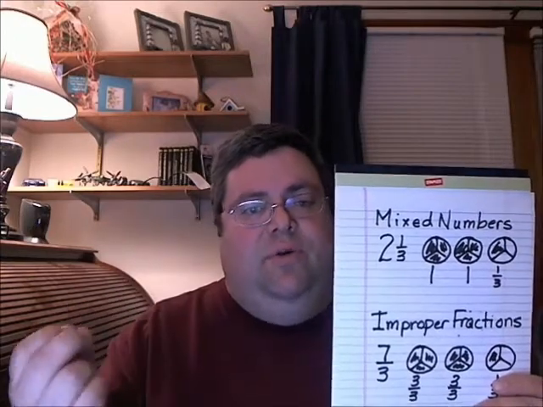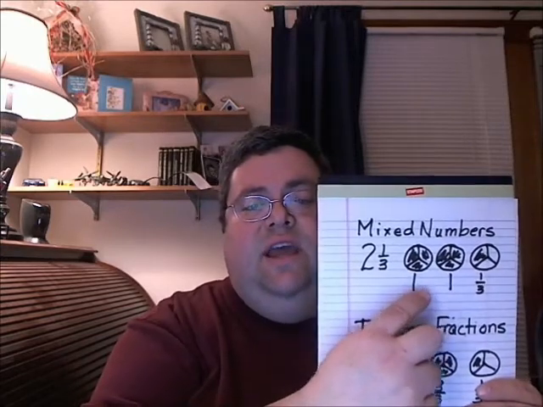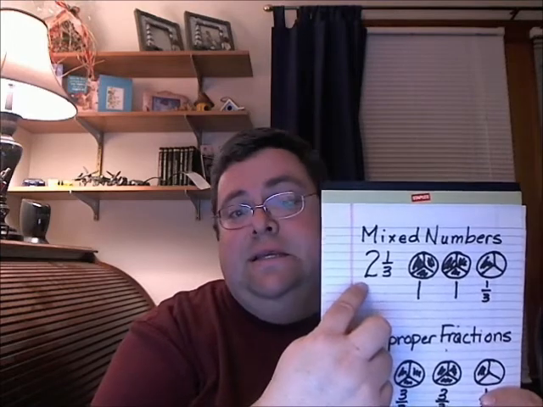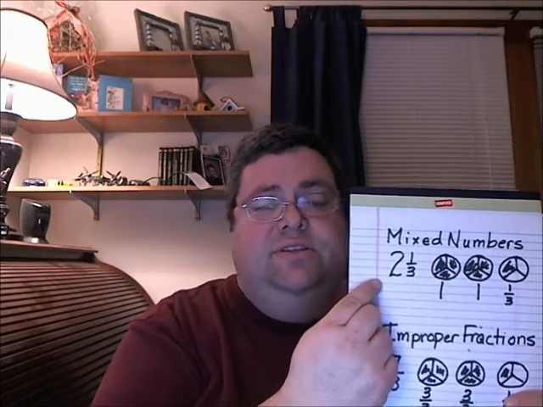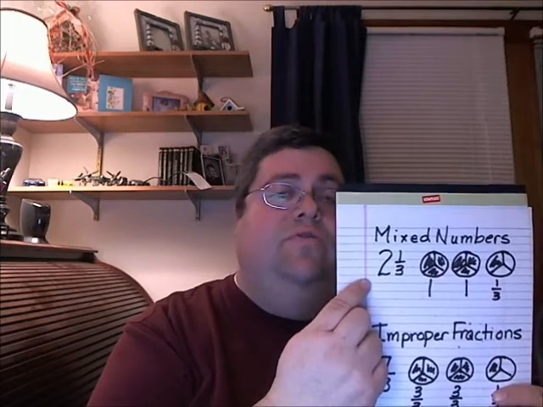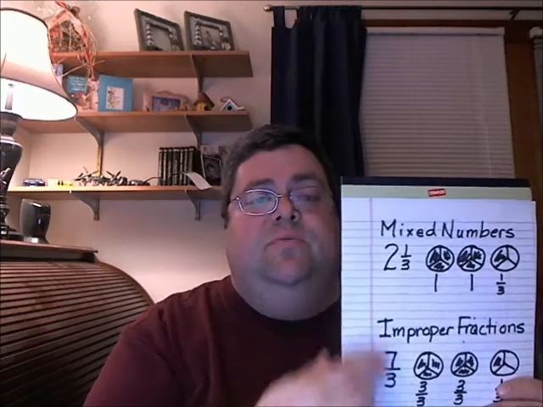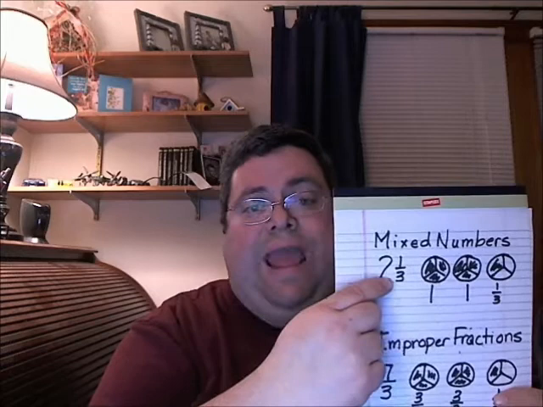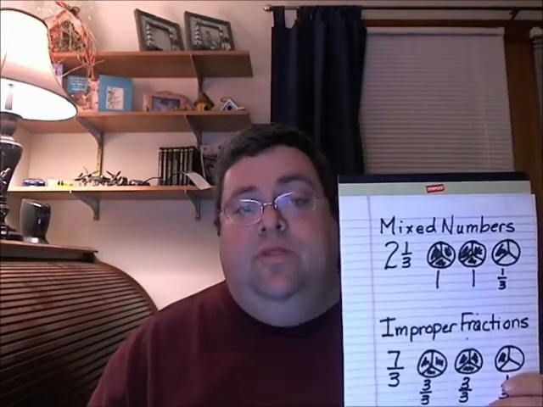So in this case, I had 2 whole objects and a third more, so 2 and, you're going to notice we say "and" between the whole numbers and the fractions, and this is something I push with the kids. When we're reading any numbers, including when we switch over from fractions to decimals, that word "and" is important because "and" represents a movement from whole numbers to fractions or decimals. So 2 and 1/3. I have 2 whole objects plus 1/3 of another.